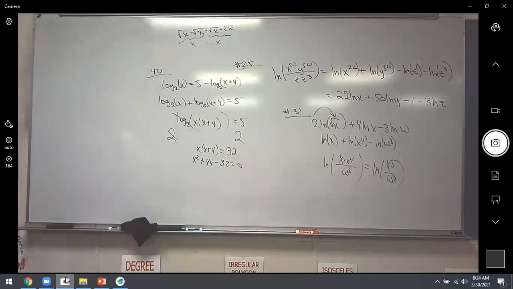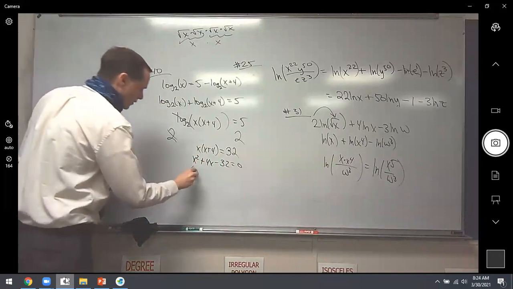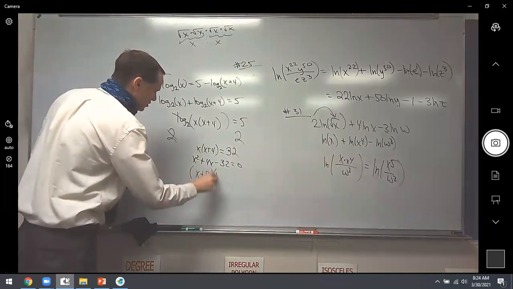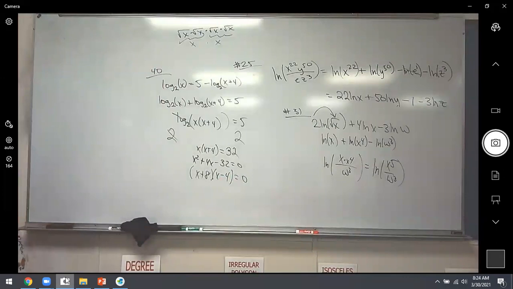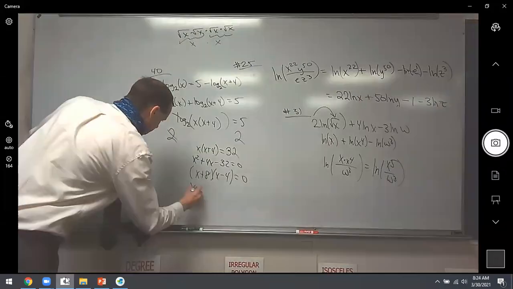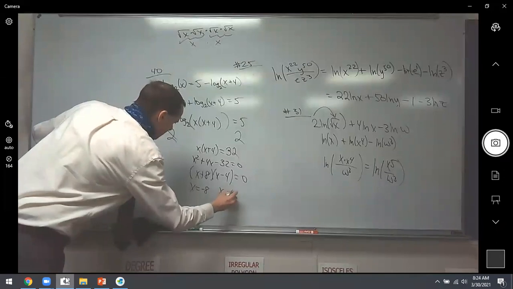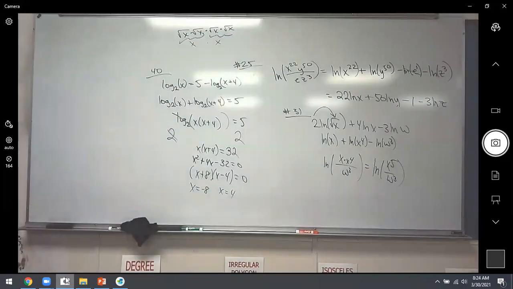I'm thinking 8s and 4s. I'm liking that. X plus 8, x minus 4. It does factor. That works out. They multiply to be negative 32. They add to be 4. It works out great. So it looks like my two answers are x equals negative 8 and x equals 4.